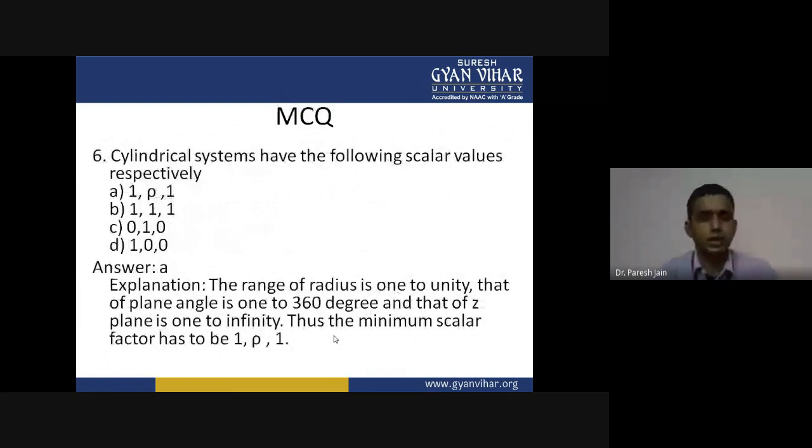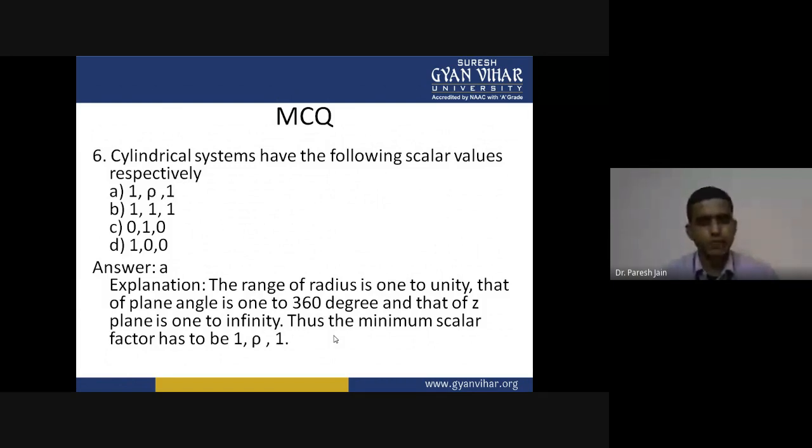Next question: the cylindrical systems have the following scalar values respectively. Choice A 1, rho, 1, B 1 1 1, C 0 1 0, D 1 0 0. So the answer is A. The explanation is that the range of the radius is 0 to infinity, that of the plane angle is 0 to 360 degrees, and that of the z plane is minus infinity to infinity.